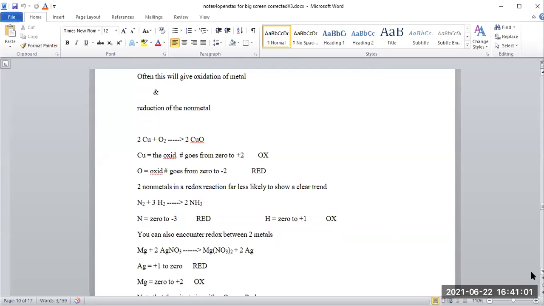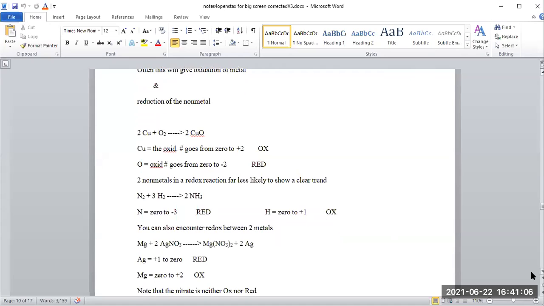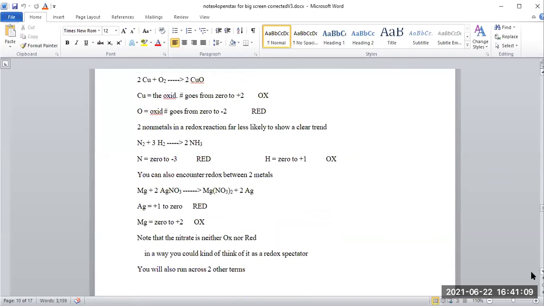So how about if we look at 2 non-metals, nitrogen and hydrogen? Think about, again, what your oxidation numbers are. Your nitrogen, your N2, is a 0. Your hydrogen is also a 0. Ammonia, NH3, is one of the only molecules in general chemistry that's written backwards.